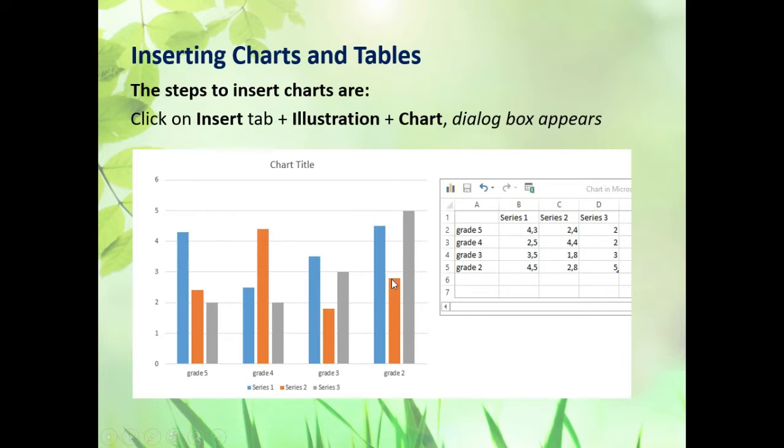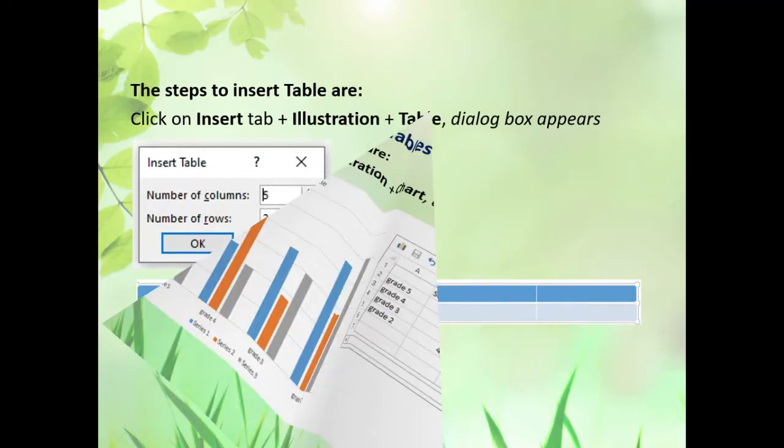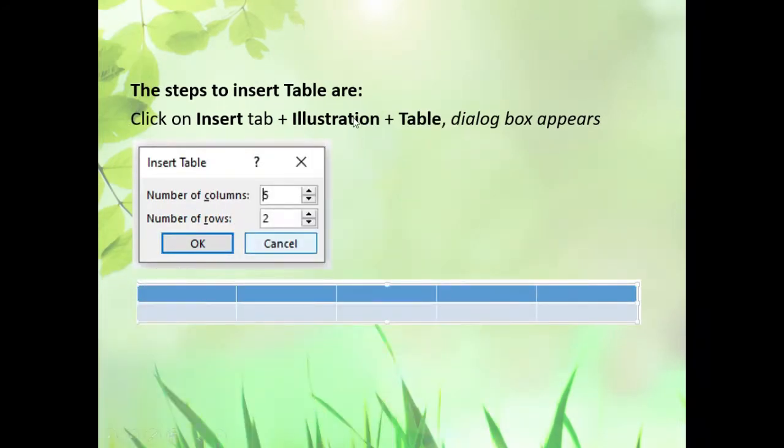Okay, we can continue to the next slide. Okay, the steps to insert table. Click on Insert tab, Illustration, Table, and a dialog box appears. When you click table, you have a dialog box like this. You can fill in how many columns and how many rows you want.